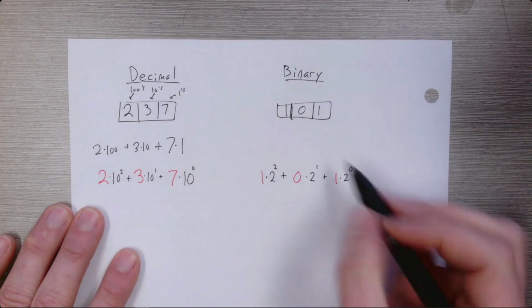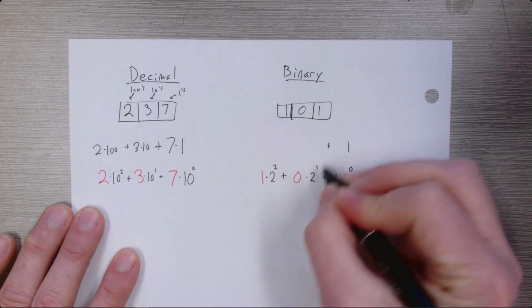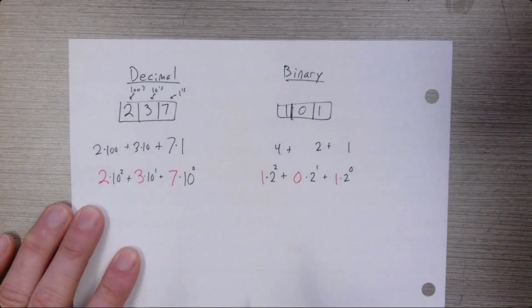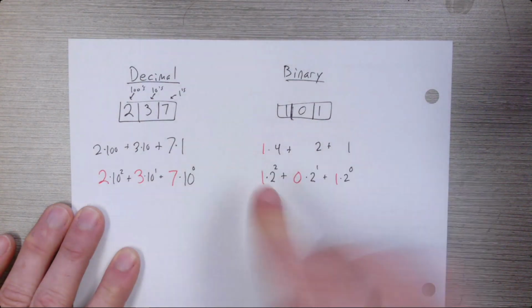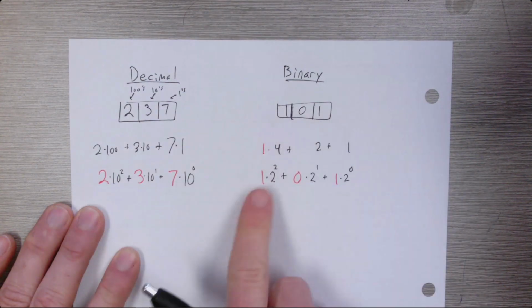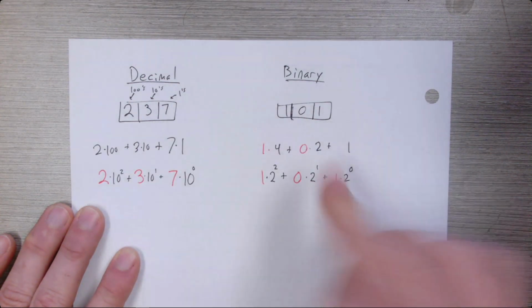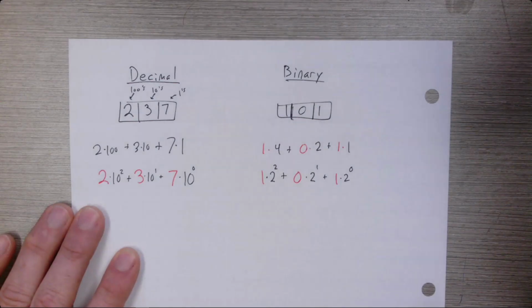Let's go backwards. So 2 to the 0 is 1. 2 to the 1 is 2. 2 squared is 4. So just like this was saying I have 2 hundreds and 3 tens, this is saying the number 101 in binary means I have 1 four, I have 0 twos, and I have 1 one.